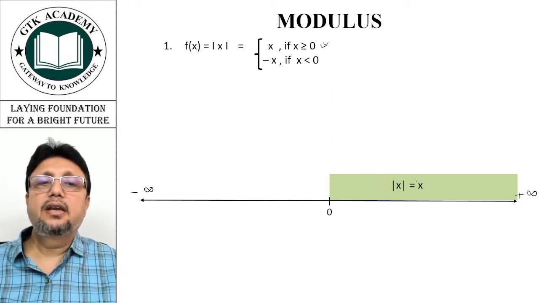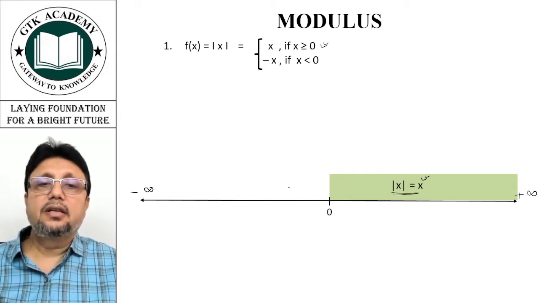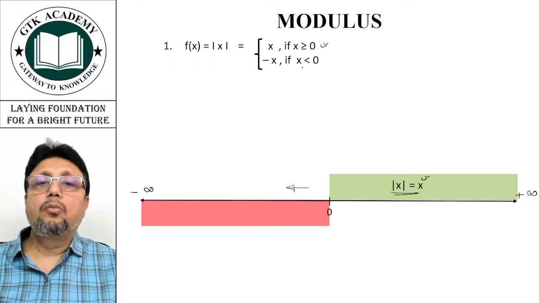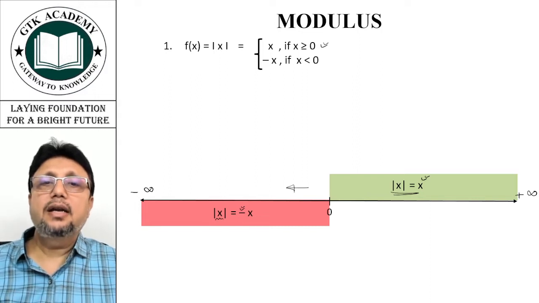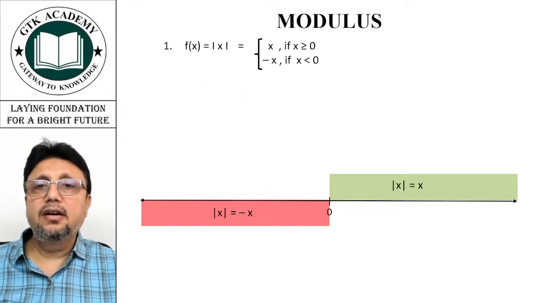So x is greater than or equal to 0, then mod x will be x only. But if x is in this region, that means less than 0, then mod x will become minus x, because x is already negative in this region. So we have to multiply it by negative so that it becomes positive. I hope this is clear.